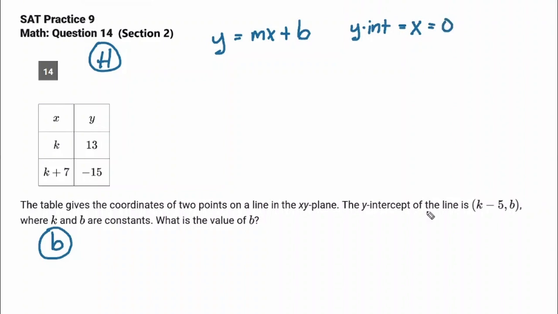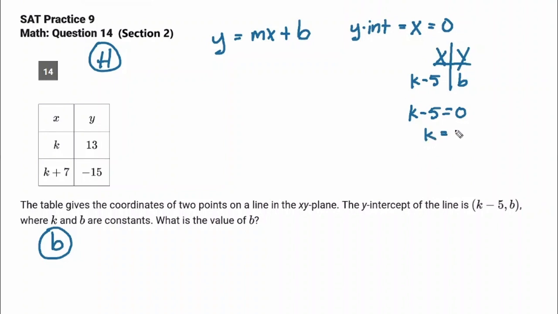All right, y-intercept of the line is k minus 5b. Well, isn't it true that any point is xy? Yes. So this point is k minus 5b. The y-intercept, x equals 0. So what's k minus 5? K minus 5 is 0. All right, so what's k?